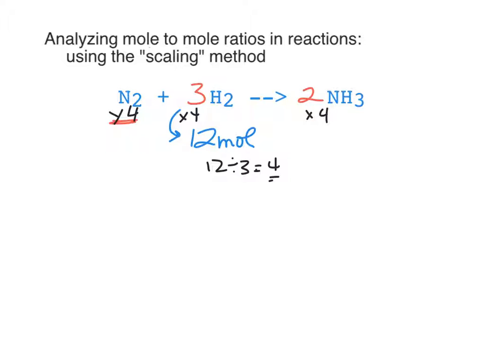The nitrogen times 4 would give me 4, which would react with 12 moles of hydrogen right here: 4 of these, 12 moles of these. And then for the last one, I would do 2 times 4 to give me the amount of product that I would get, which would be 8. So again, not too crazy in terms of how you're doing these, as long as you remember the math that you're actually doing underneath. And that can be the hard part, actually remembering what kind of math you're doing underneath.